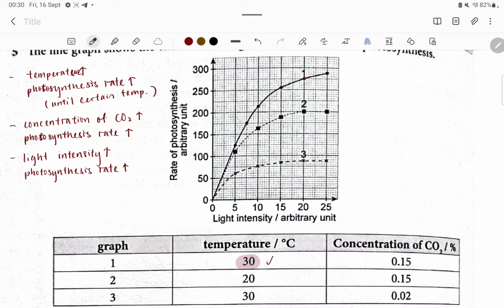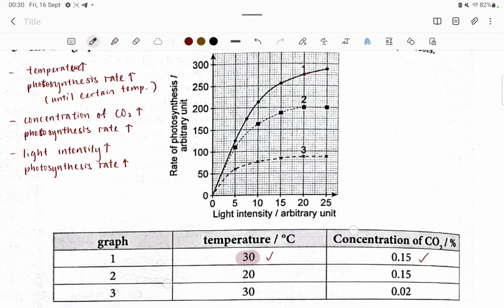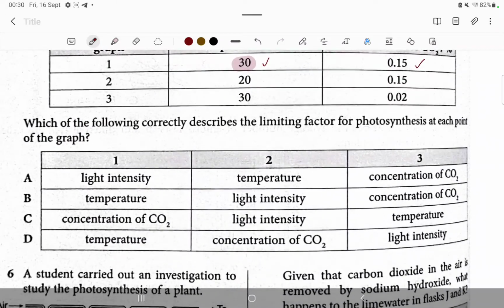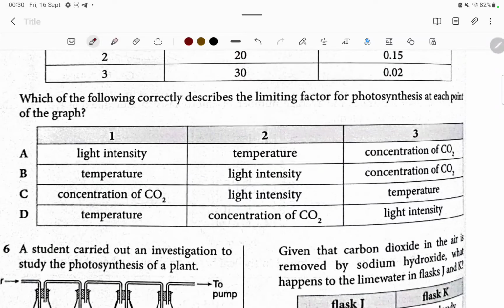Concentration is high enough also, compared to the others. And then just that light intensity is still not at the most. So this one should be this one.